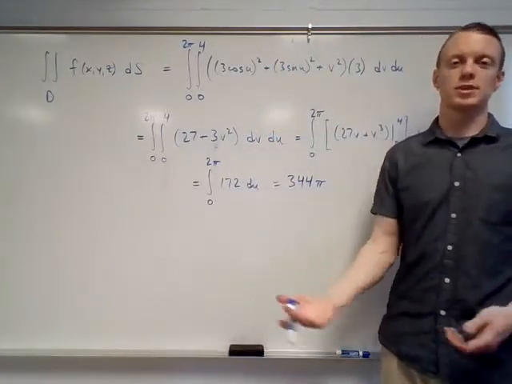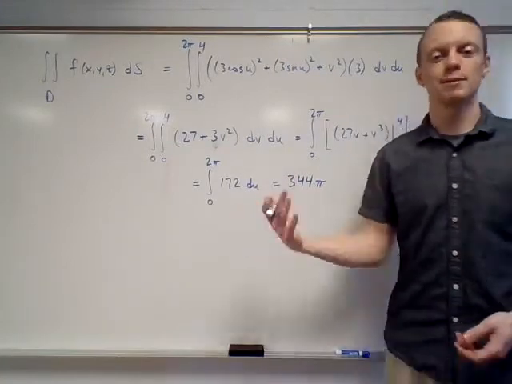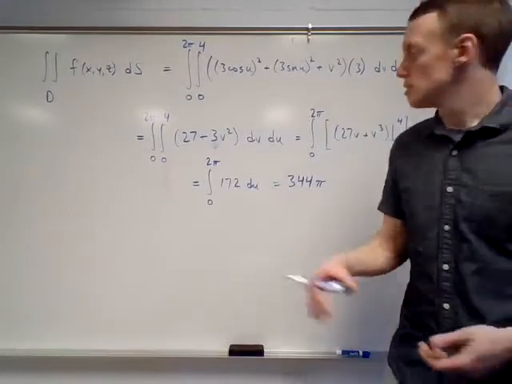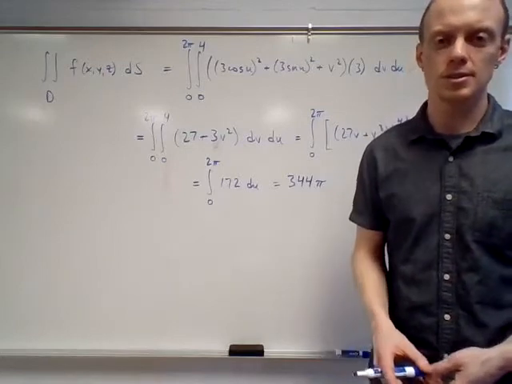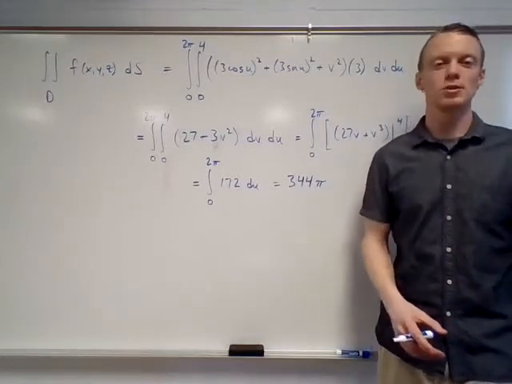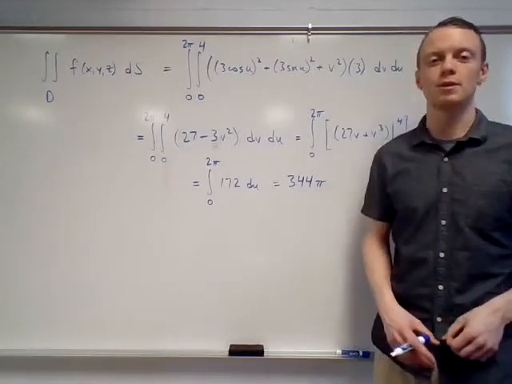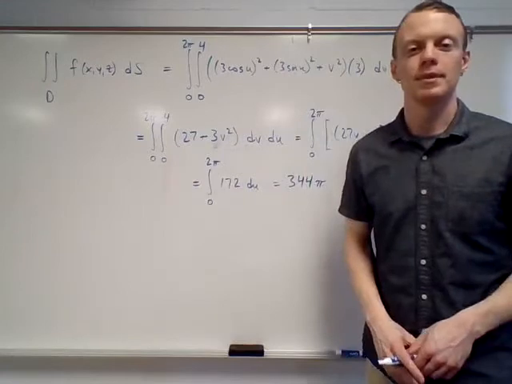That's our first example of calculating the surface integral of a real valued function over some surface S. You just need to find the norm of the cross product of those tangent vectors, then also make the substitutions for your parametric equations into your real valued function, and then chug away.